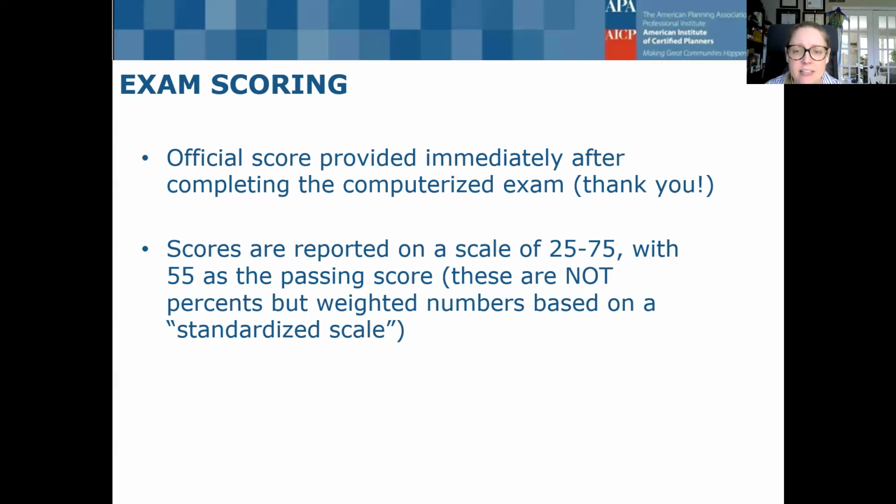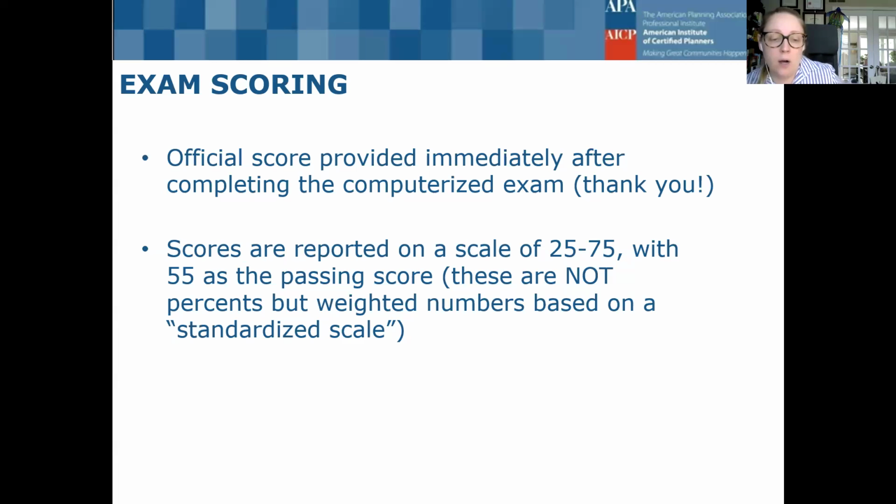Also, before I forget, this scale of 25 to 75: do not try to do math. Do not try to do percentages. I say this every time, it's voodoo witchcraft math. It's like your credit score math where you don't really know how it happens. They have an outside company come in and do all kinds of scales. Of the three different versions, some of the exams are naturally harder than others, so they're weighted differently.